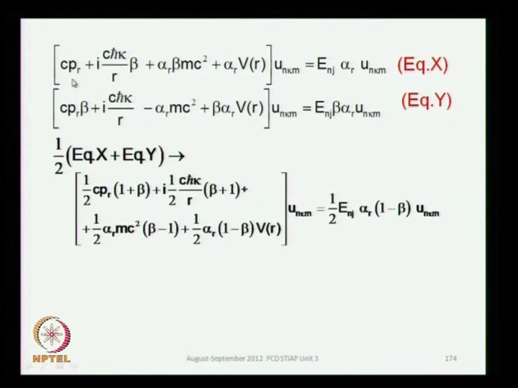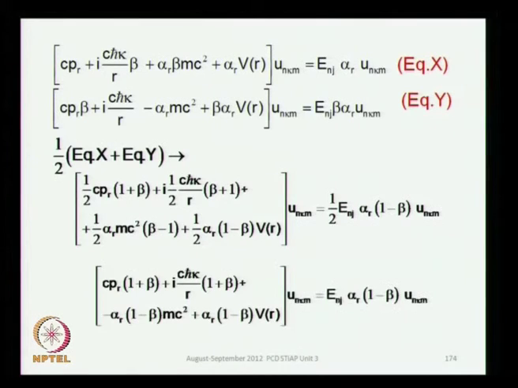So, you get the factor half CPR, then you have to take the sum of these 2 terms. So, you get 1 plus beta, and likewise you get 1 plus beta from the second term, then beta minus 1 from the third term and 1 minus beta from the fourth term, again 1 minus beta on the right hand side. Now, we have done this earlier, so you can very easily see how these terms fall in place.